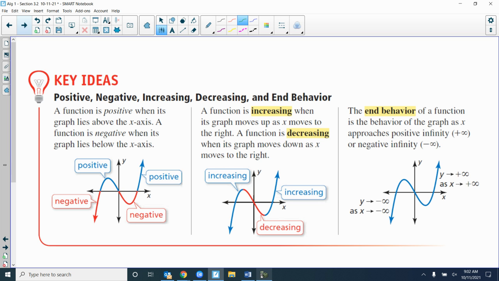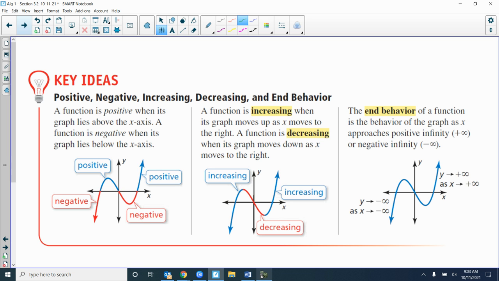All right, now on the back. We got 3 things going on. We got positive versus negative. We got increasing versus decreasing. And then we got end behavior. Positive is when you get positive y values back.